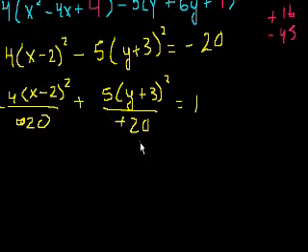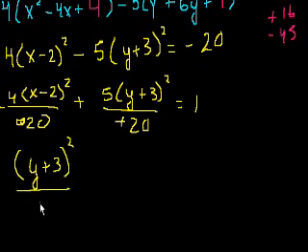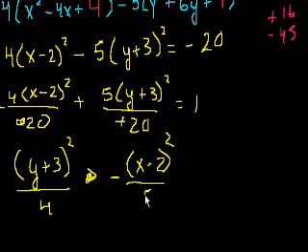So let's put this one first. So 5 over 20 is the same thing as y plus 3 squared over 4, right? That's this one. Plus, no, sorry, we have a minus. Minus, and this becomes 1/5, x minus 2 squared over 5. And that is equal to 1. And that, if we haven't made a careless mistake, that is choice B.